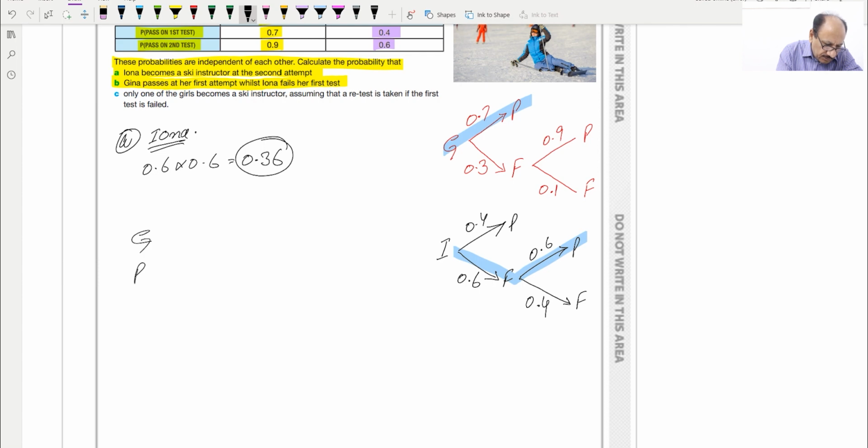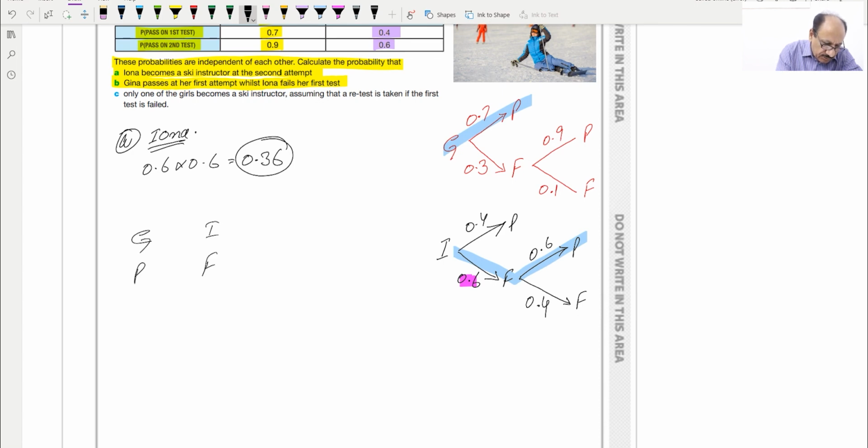And Iona fails her first attempt, which for Iona is 0.6, this one. So for Iona this will be fail.